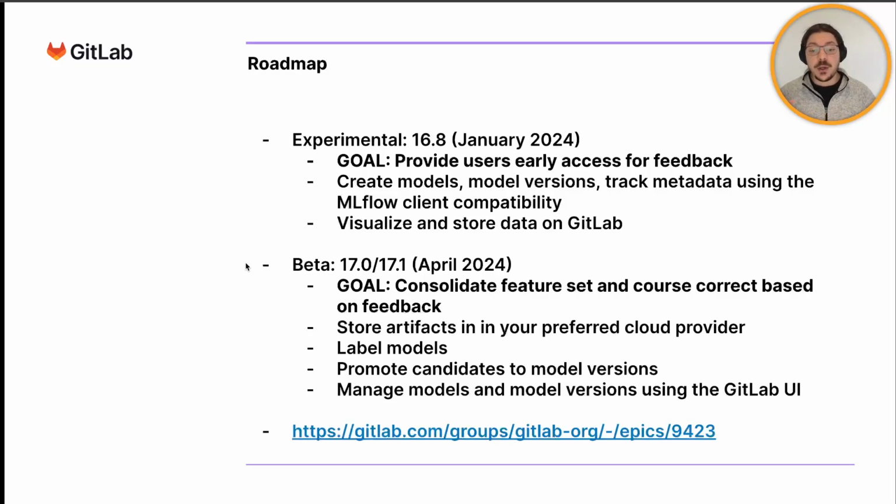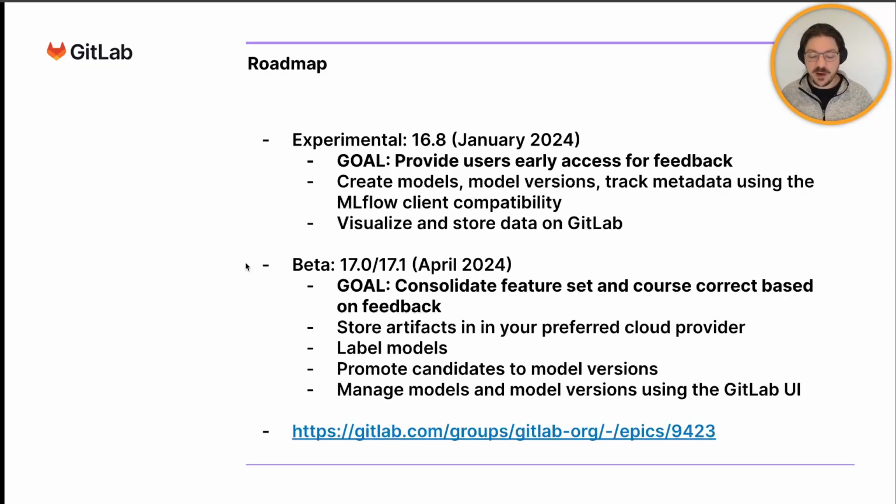What else? Promote candidates to model versions. The way I showed in the demo, you first create a model version, and then you have a candidate that you use for recording your metrics or parameters. Often the workflow is different. You first create a bunch of candidate models, and you pick one of them to become the model version.